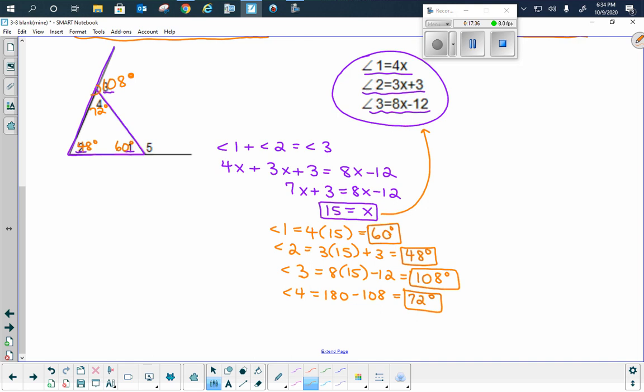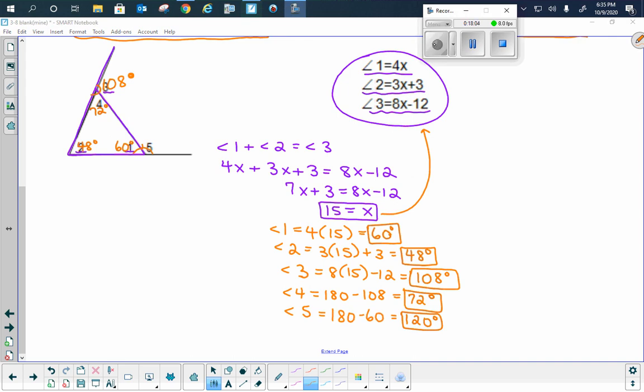And then angle 5. Several different ways you could do it with the new stuff we've learned, but I'm just sticking with old stuff. Again, I have another straight angle there. Okay, not equal to the other one. So angle 5, you should be telling me is 180 minus 60, which equals 120 degrees.